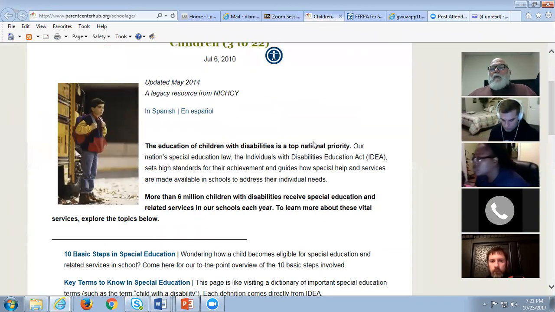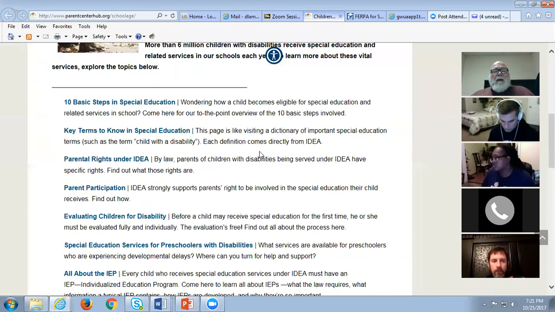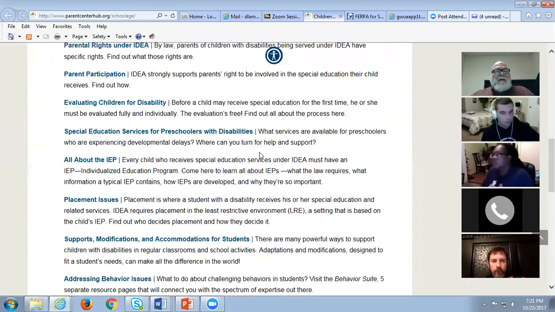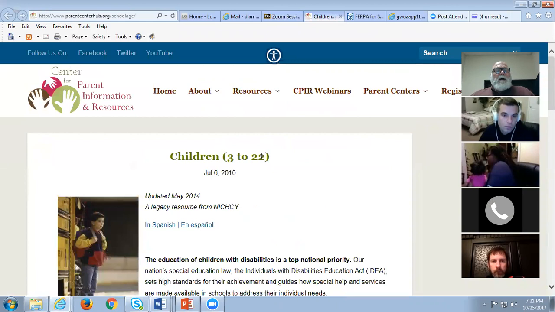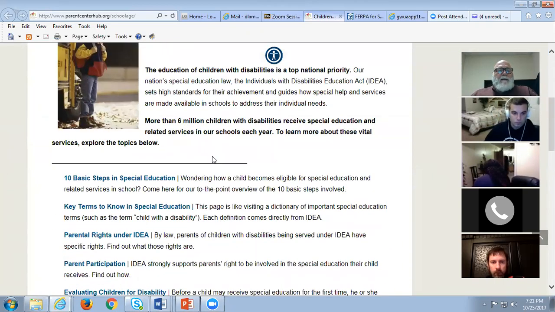A lot of folks will actually have a hard copy of the Parents' Rights Handbook that they'll give their parents when they come to an IEP meeting or come to Parents' Night. And there's a website here that has all these things that they can click on: the Parent Information and Resource Center. They will give this to parents or send this link to them so they can get on here and read about their rights.